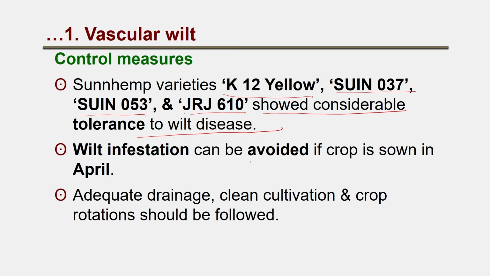Wilt infestation can be avoided if the crop is sown in April, or early sowing can reduce the wilt infestation, and adequate drainage, clean cultivation and crop rotation should be followed. So, crop rotations are the key to reduce the incidence of this disease, and for many diseases crop rotations are useful to prevent them.